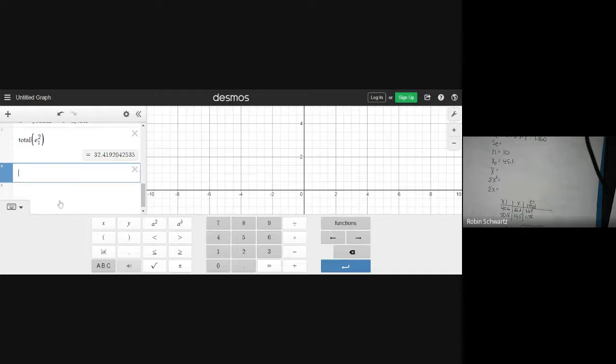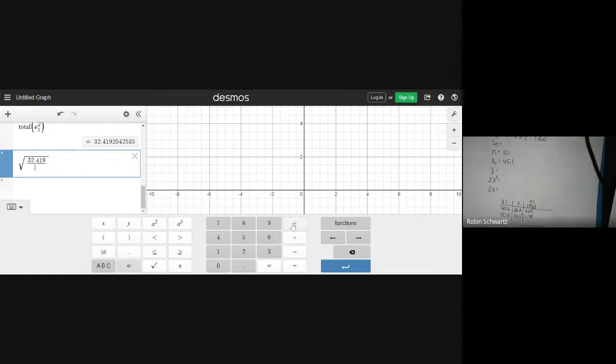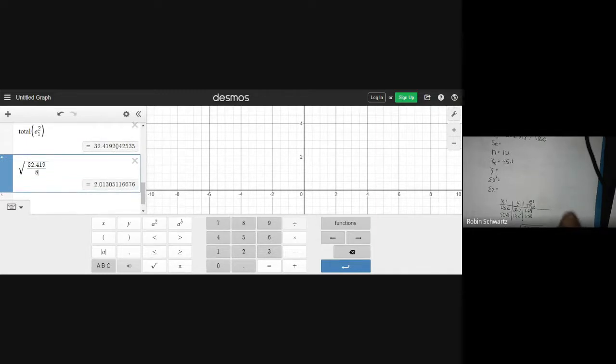Square root of 32.419 divided by 8. 2.013. So that's the hard part. That's the most time-consuming part, I think.